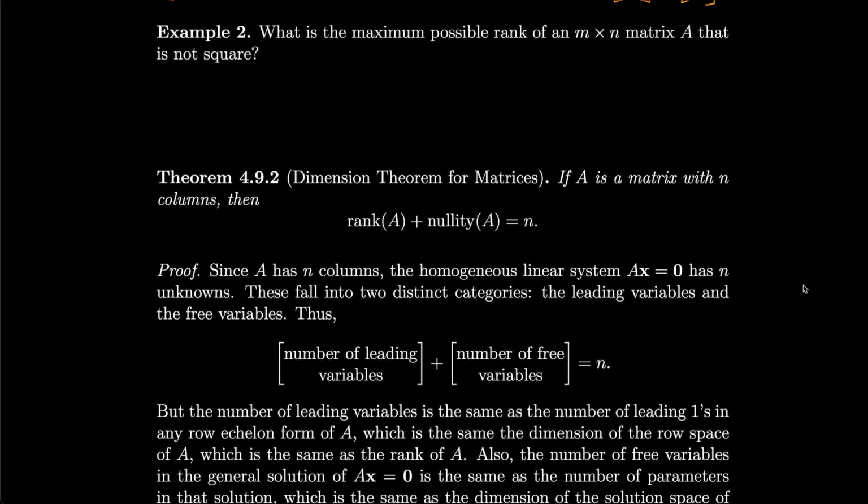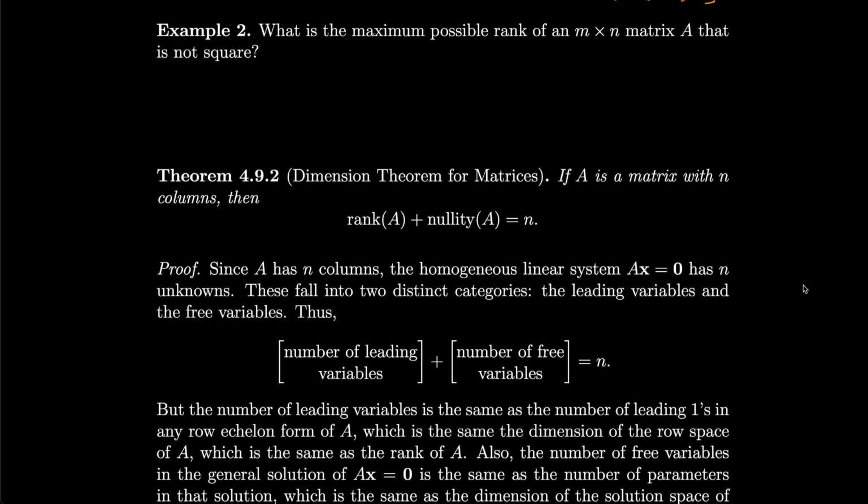Next up, what is the maximum possible rank of an m by n matrix A that is not square? Well, let's see. If it's m by n, then the dimension of the row space of A must be less than or equal to n.